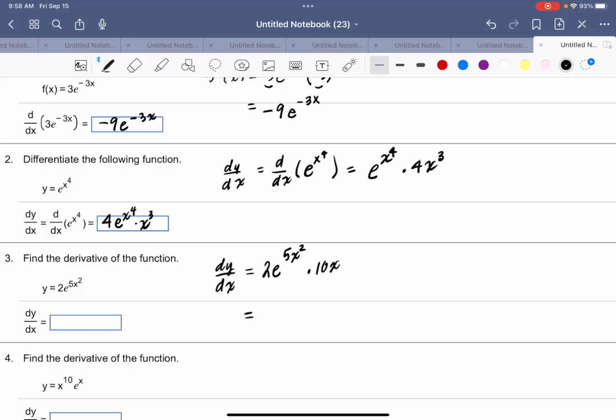Clean it up a little bit, get your numbers together. 2 times 10 is 20, e to the 5x squared times x. And you could put that x right behind the 20 if you would like, or it can be at the end. The order of the factors does not matter. Our final answer is 20x e to the 5x squared.